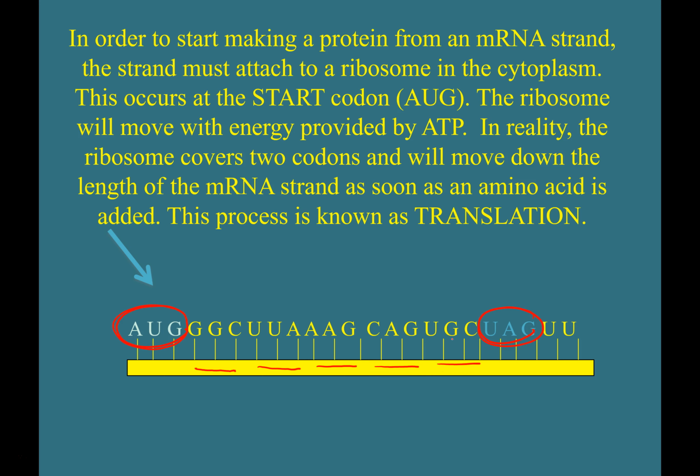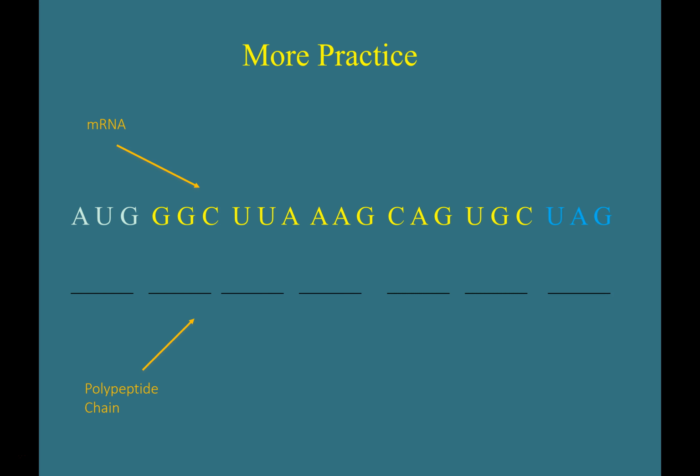So by the time you're done, you should end up with 5 amino acids. Oh, 6 actually, because this is going to be an amino acid, methionine. This one doesn't count as an amino acid because it's a stop codon. So there's your ribosome. And your ribosome is going to move along, and as it moves along, that is going to create your polypeptide chain.